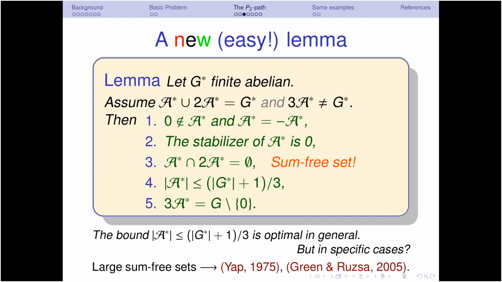Okay. I mean, it's saying more or less the same thing as Kemperman's theorem, which is, I mean, the main thing, part 3, as you point out, is the most surprising bit. And Kemperman says exactly that kind of thing. Yeah, but I don't think there's a condition that A star union 2A star is G. No, but that means the size of A star plus the size of 2A star is equal to the size of G. So that is exactly the condition in Kemperman's theorem.